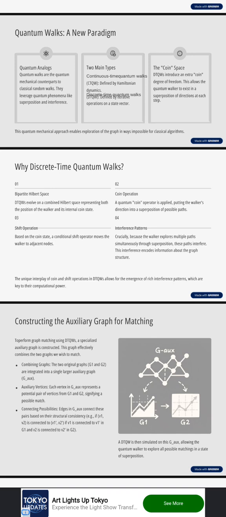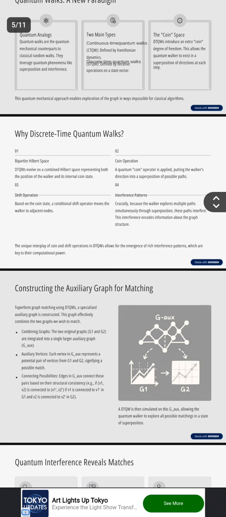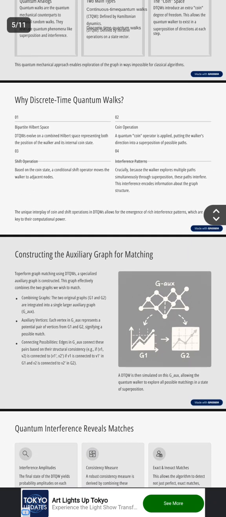Fourth is interference patterns. Crucially, because the walker explores multiple paths simultaneously through superposition, these paths interfere. This interference encodes information about the graph structure. The unique interplay of coin and shift operations in DTQWs allows for the emergence of rich interference patterns, which are key to their computational power.